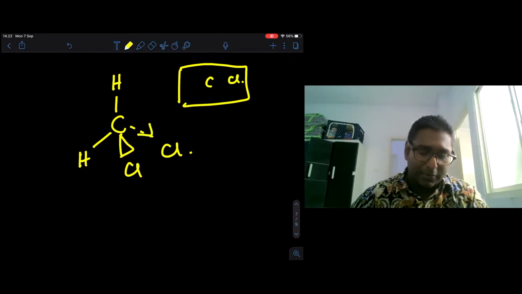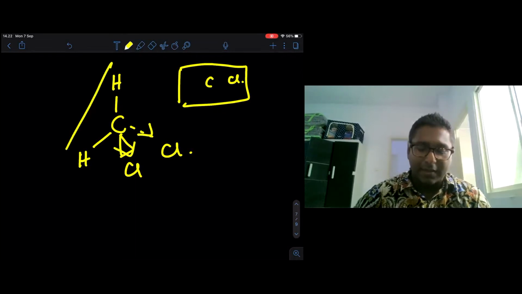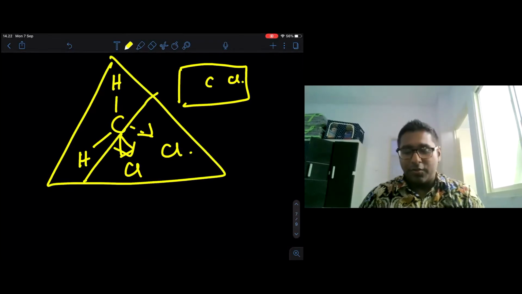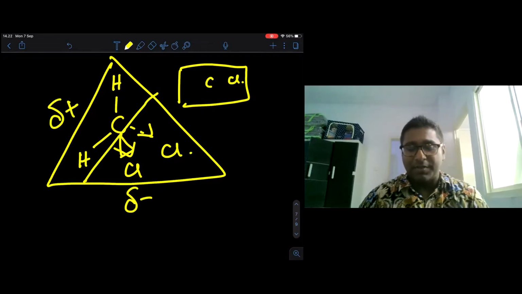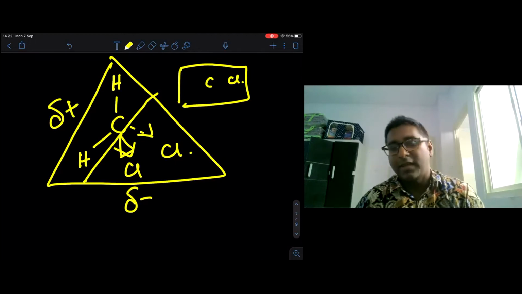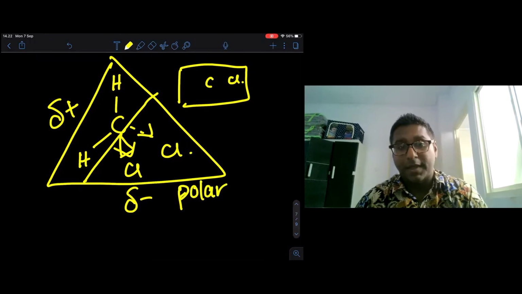They will pull the electrons towards itself. So this part of the molecule will be partially negative and this part partially positive, because the electrons go towards the Cl. So I can say that this molecule is polar.